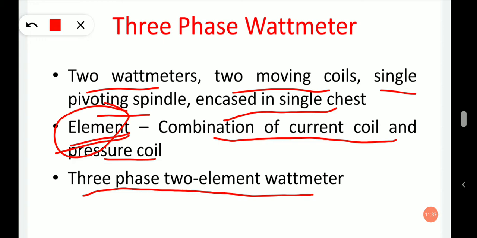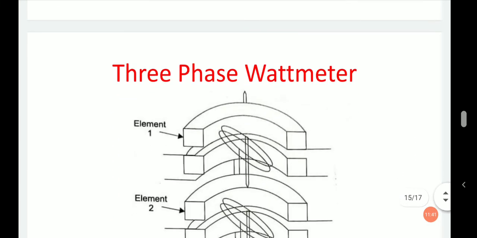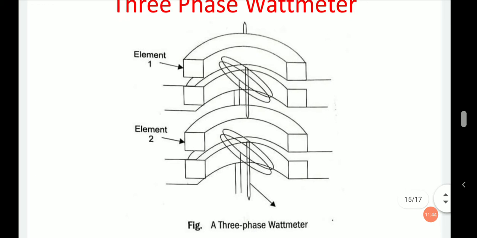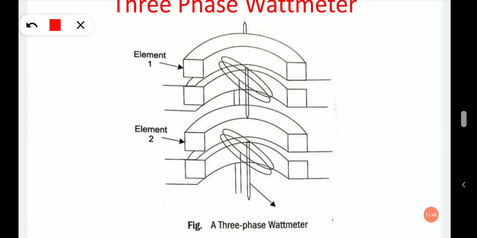Now we will see the figure in which the three-phase wattmeter is shown. Here you can see two elements, element 1 and element 2.